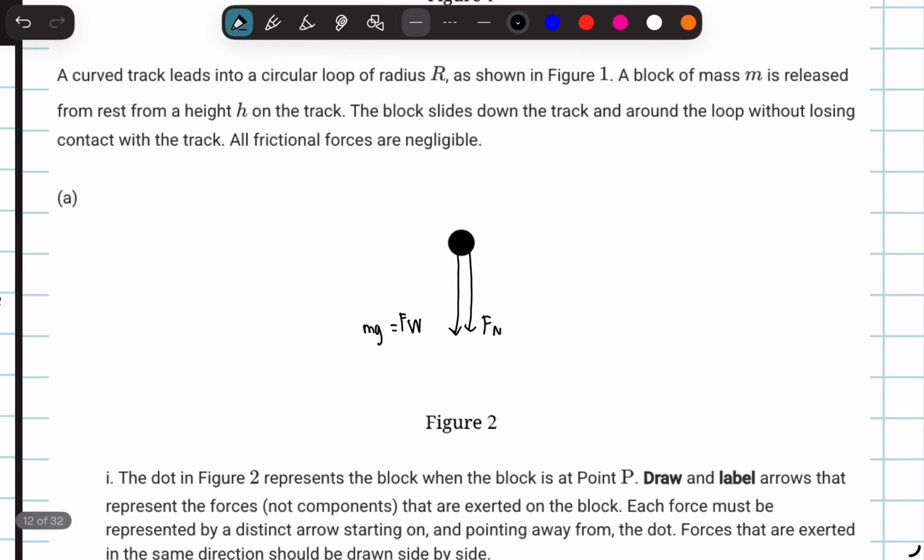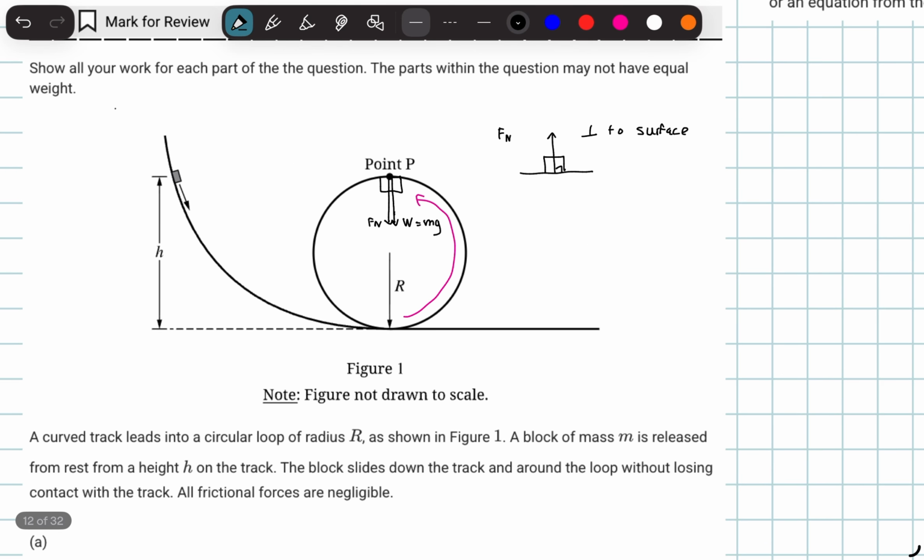Let's actually mark this on our track. Up here, our energy is going to be all potential. And once it's finally down here, it's going to be all kinetic.